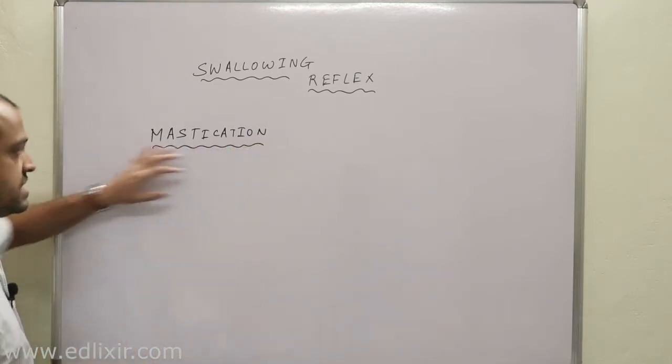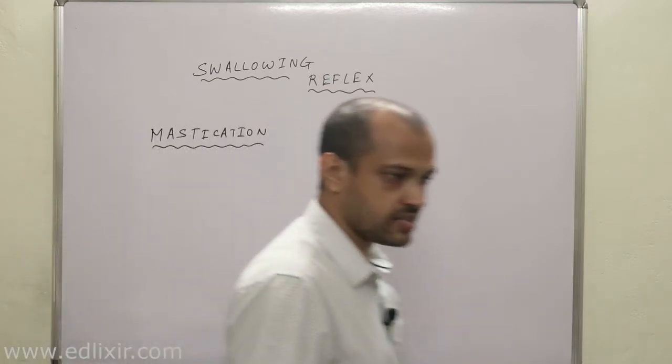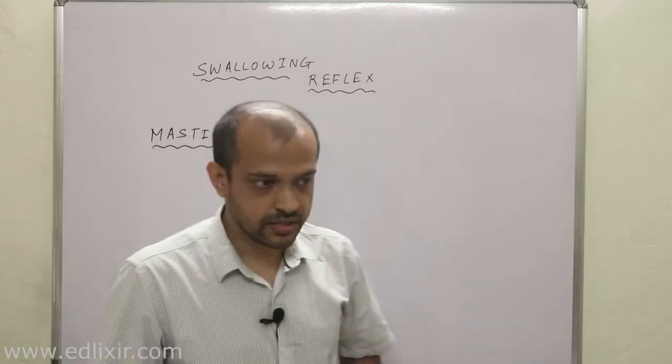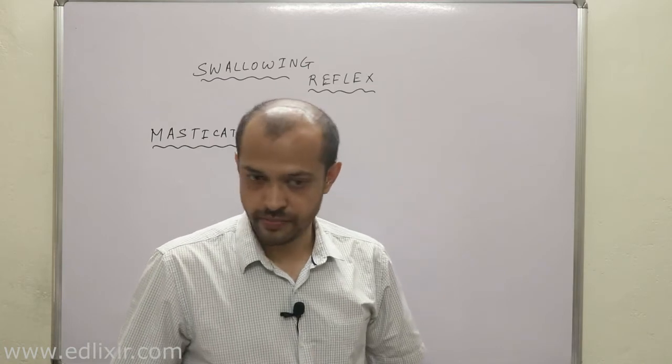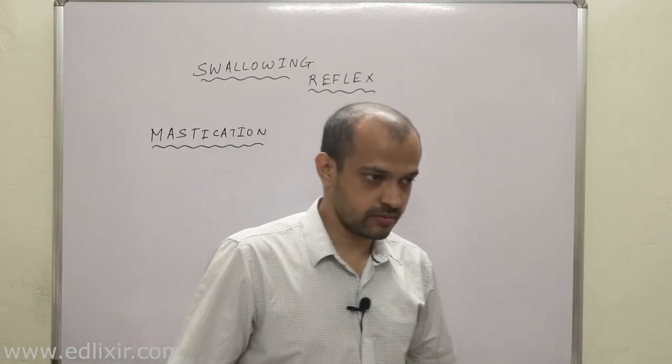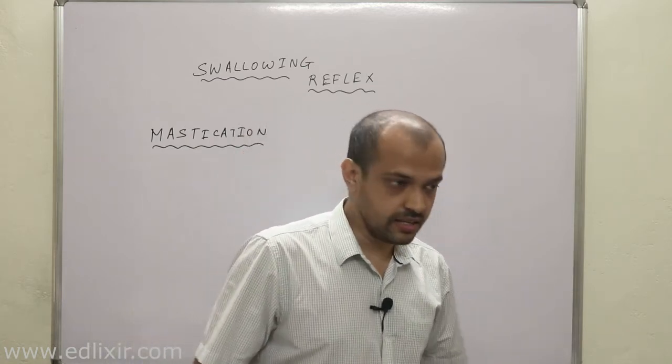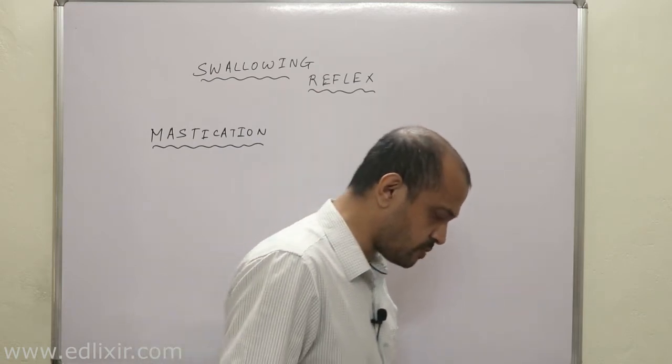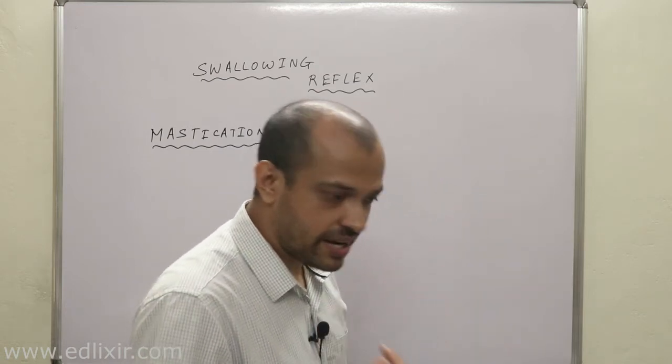Whenever we are talking about mastication, the first thing we need to understand is this: mastication in general is actually controlled by four main types of muscle.